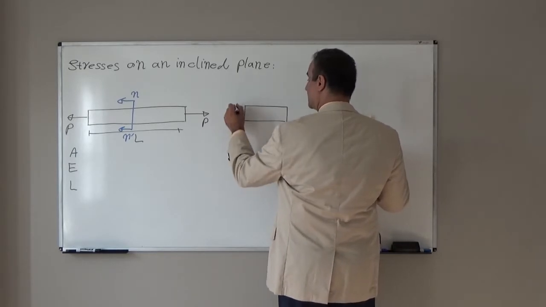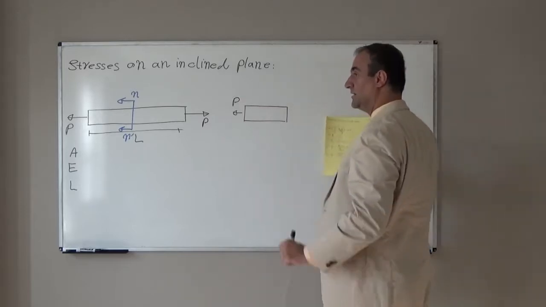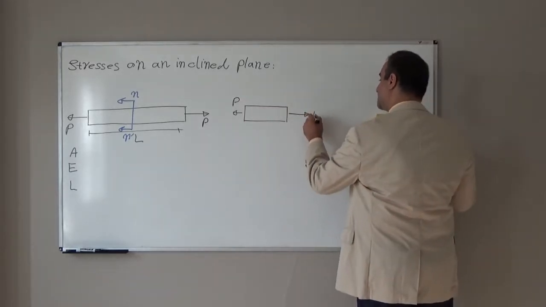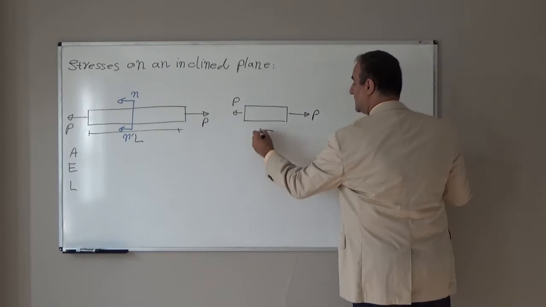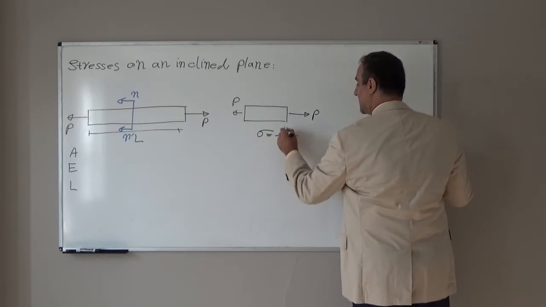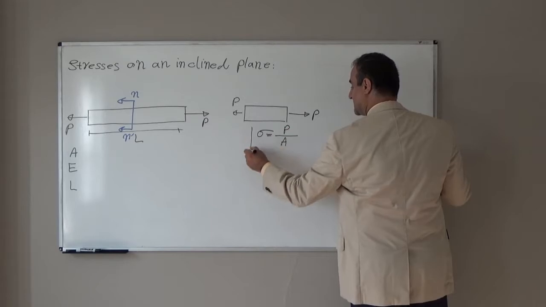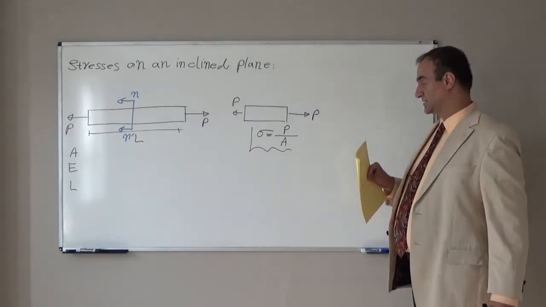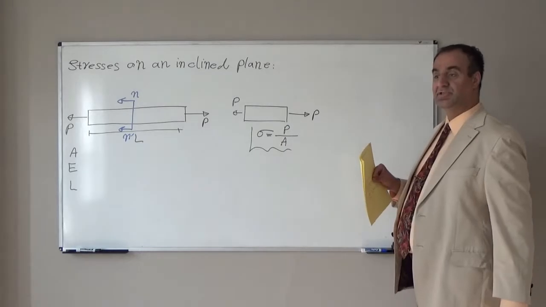If this is external load P, in order to have equilibrium, I have internal force P here. P divided by A, the cross-sectional area, will give us normal stress, and we will not have any shear stress on this surface.